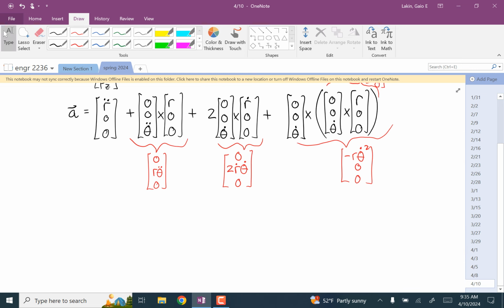And so you get an acceleration vector of r double dot minus r theta dot squared. Then for the y component, the theta component, r theta double dot plus 2 r dot theta dot.